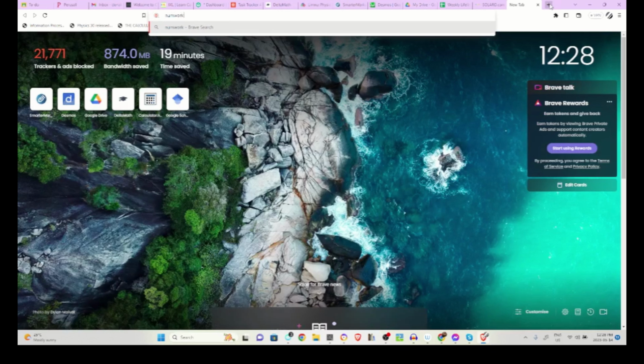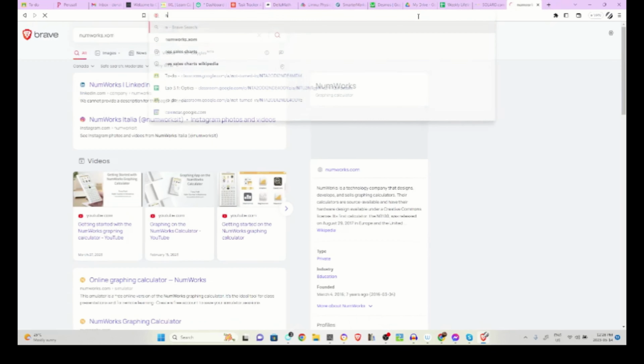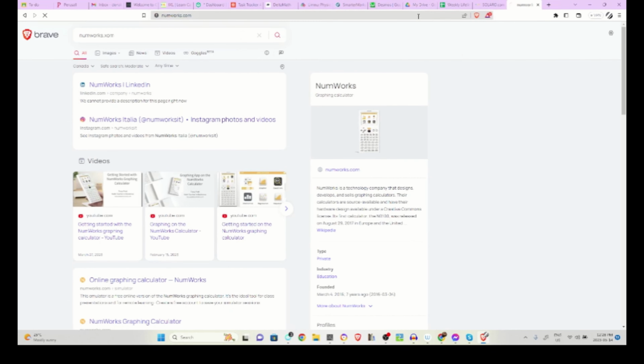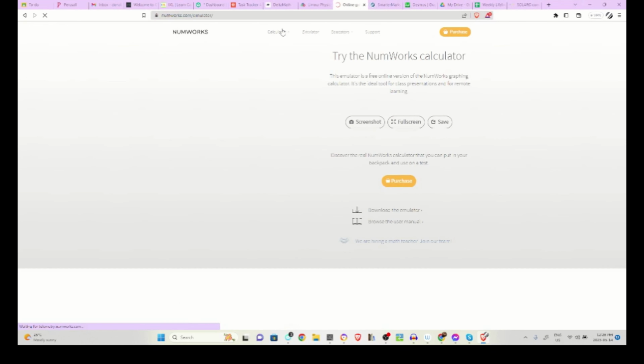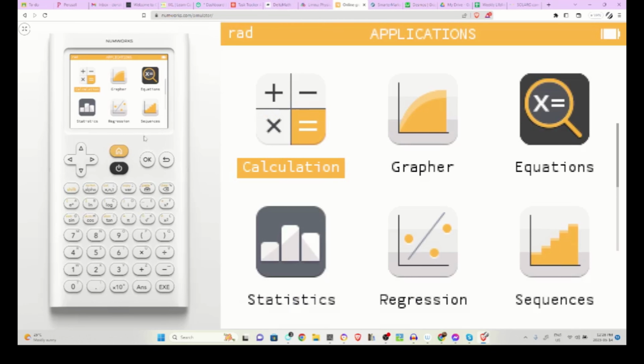I don't have a physical calculator with me. So we will come over here and hit our emulator. We'll go full screen, OK to enter calculation mode.